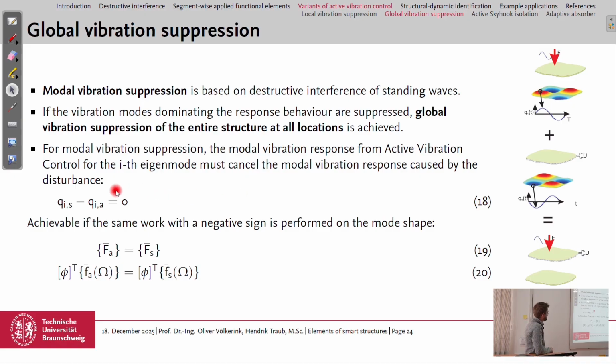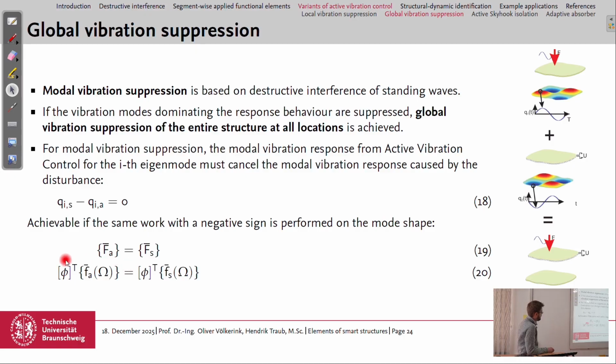And for this, for the eigenmodes we want to control, we need the modal coordinates to be the same. And this we can achieve if the same work with negative sign is performed on the same mode shape. So the generalized force of the disturbance is the same as the generalized force from the actuator.